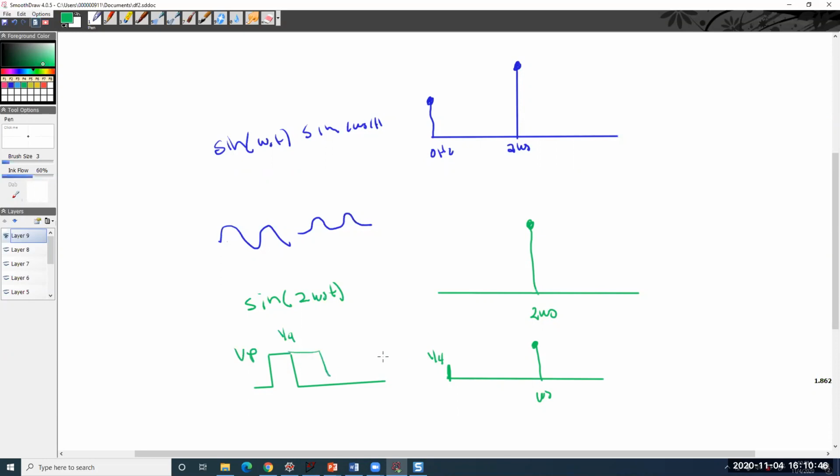If it was 50, then it would go up to 50%. If it was 75, it would go up to 75. But this fundamental frequency would happen at the same place. So it's like a detective game. I give you all these various things, right?